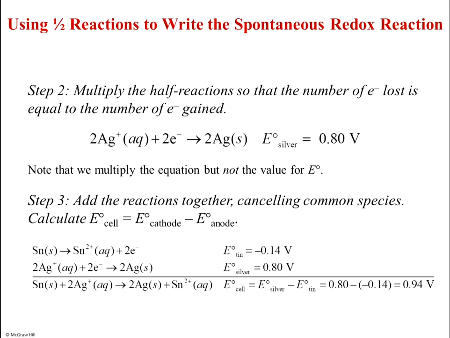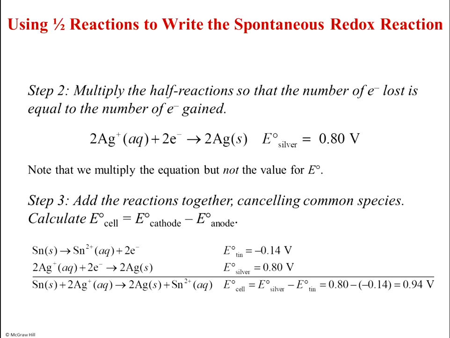Next, we add the reactions together, canceling the common species. And in this case, that'll be the electrons on both sides. And then we calculate E0 for the cell as E cathode minus E anode. In this case, we'll take the 0.8 minus the negative 0.14, and we see this has a cell potential of 0.94 volts.